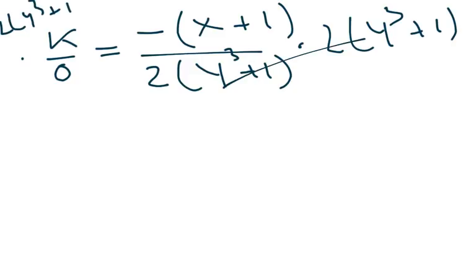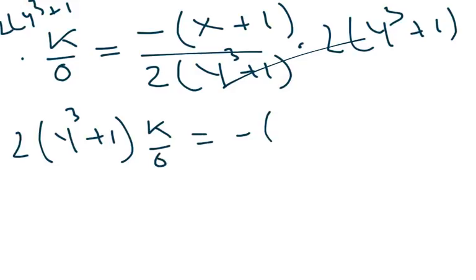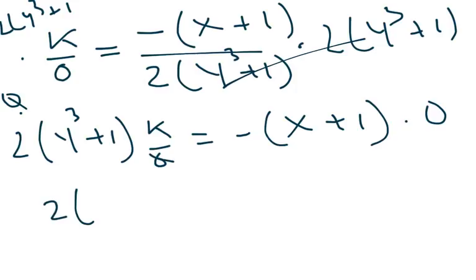So this cancels out, so you're left with 2 times y cubed plus 1 times k over 0 equals negative x plus 1. You multiply both sides by 0. This cancels out, so you're left with 2 times y cubed plus 1 times k equals, this one becomes 0.